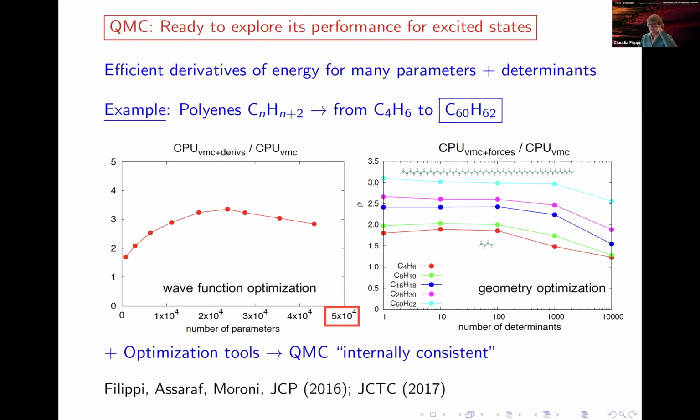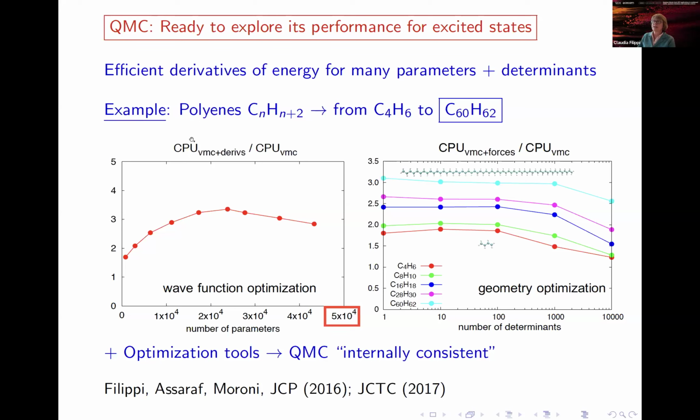So these are some results for systems increasing from butadiene, C4H6, to C60H62. These are linear molecules, but we are not using the linearity of the molecule to study the scaling.